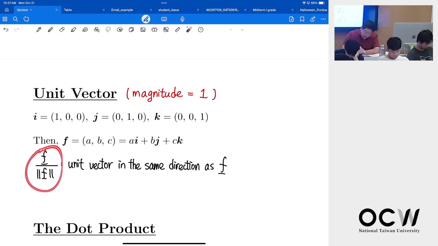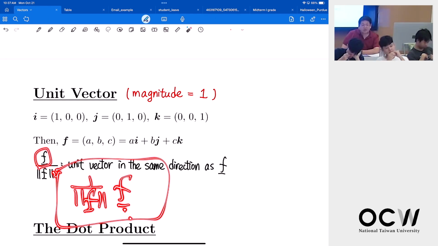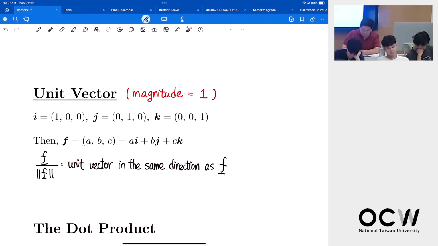You see this? This is a norm, so it is a value. But f is still a vector. So this is still a vector. And since it is a vector, I should have a magnitude and also the direction. So this new vector still has the same direction as f, and the magnitude will be 1.